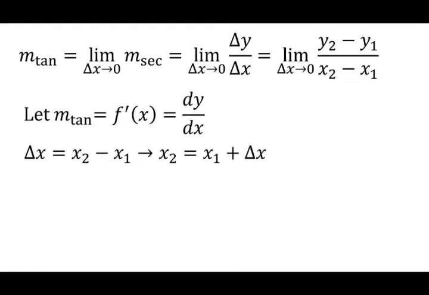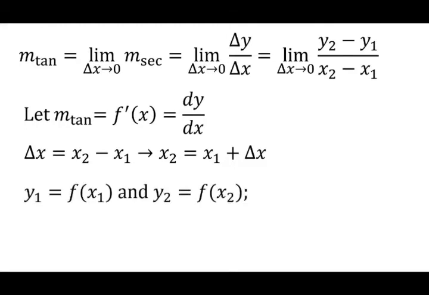And then, remember, yung change of x is x sub 2 minus x sub 1. So let us express this as x sub 2 equals x sub 1 plus delta x. And then yung y sub 1 naman is equal to f of x sub 1, di ba?